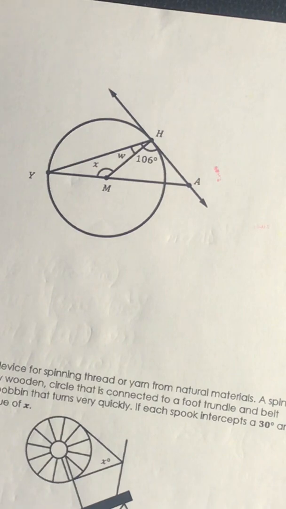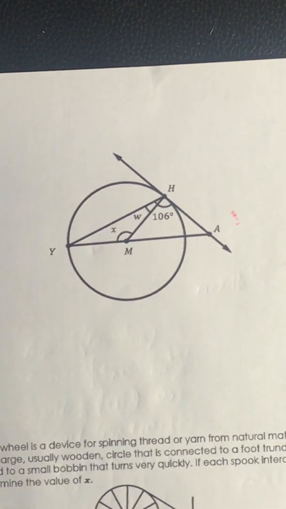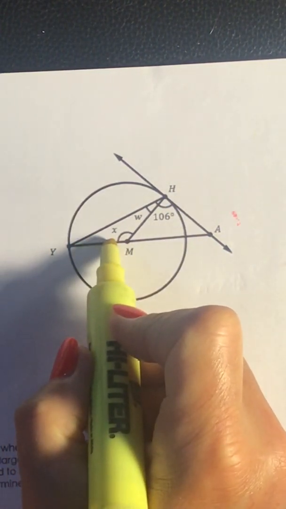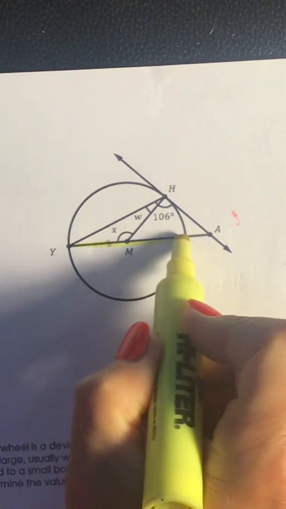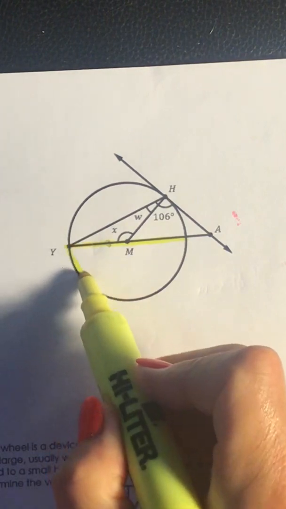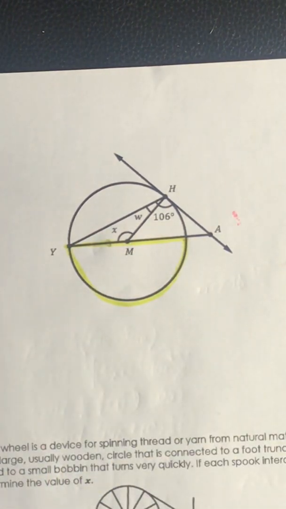Okay, now in your homework, you're going to get crazy looking problems that look like this one. Again, you've got to stop and look and say, hey, what do I know? Well, I do know this is a diameter. So we know that this piece is going to be how many degrees? 180.